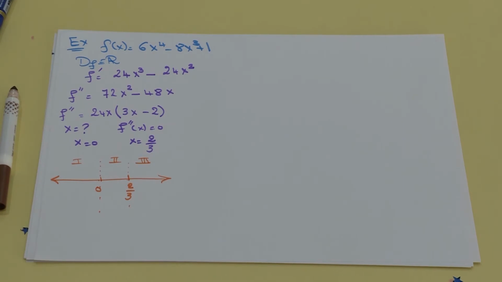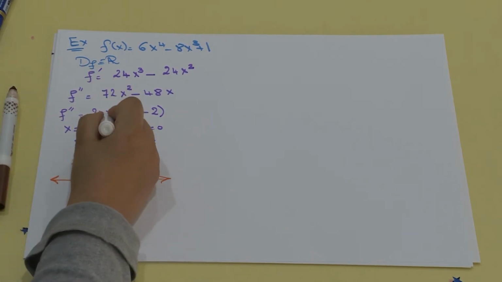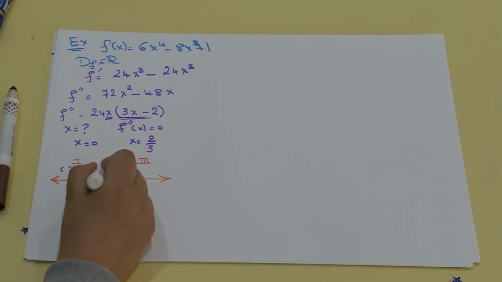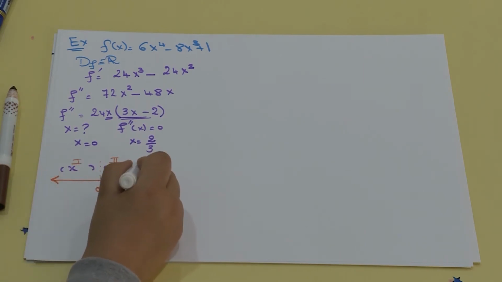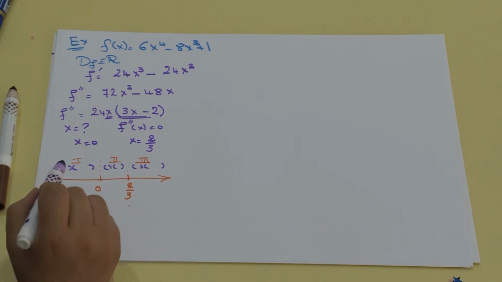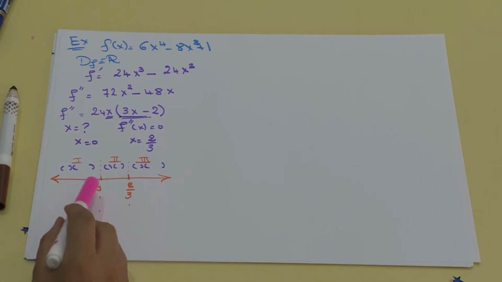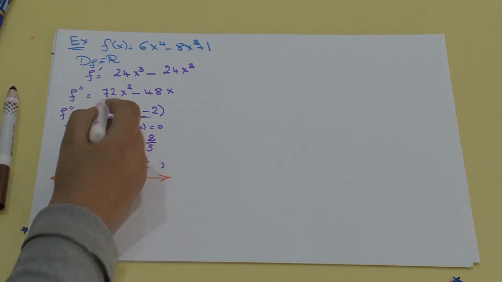Now we have our second derivative as a product of two things, which will change its sign: the x and the bracket. And on each interval, I will take a test point to see the sign of the second derivative. If I take anything less than 0, here I will have a negative.